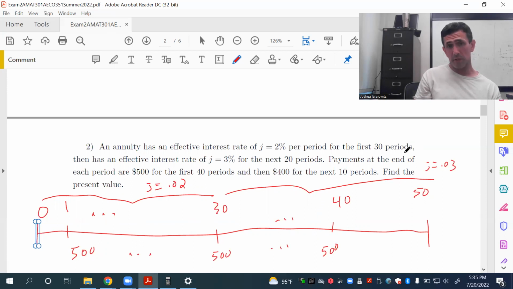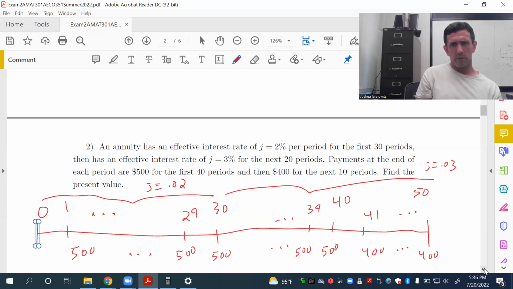Payments are at the end of each period, so it starts at t equals 1. I'll add more if I need it, but I don't. And for the last 10 periods, it's 400.